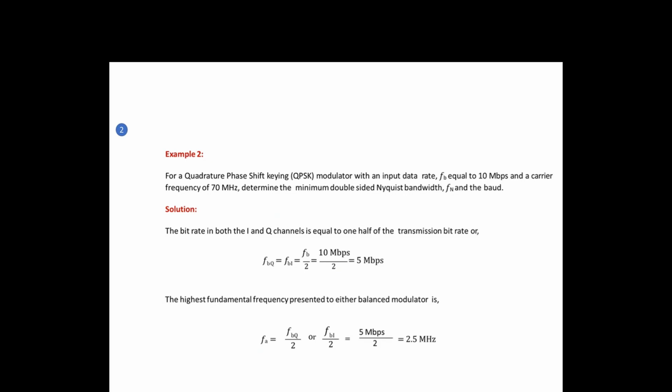So we can find the minimum double-sided Nyquist bandwidth. The highest fundamental frequency presented to either balanced modulator is FA equal to FBQ divided by 2, where FBQ is the quadrature component and FBI is the in-phase component, or FBI divided by 2. So we have 5 Mbps divided by 2 equal to 2.5 megahertz.